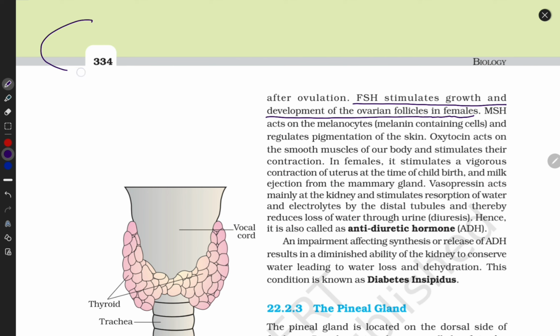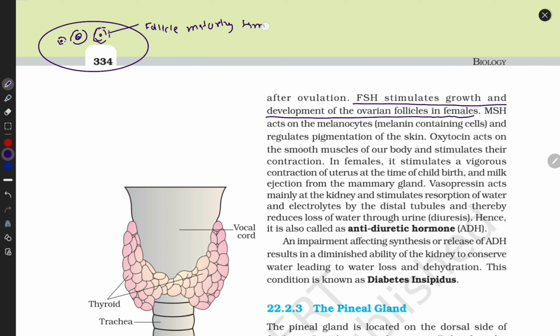Listen to me. This is the ovary of a female. Here the egg is formed, first layer, then second layer, then third layer. This is a follicle maturing.